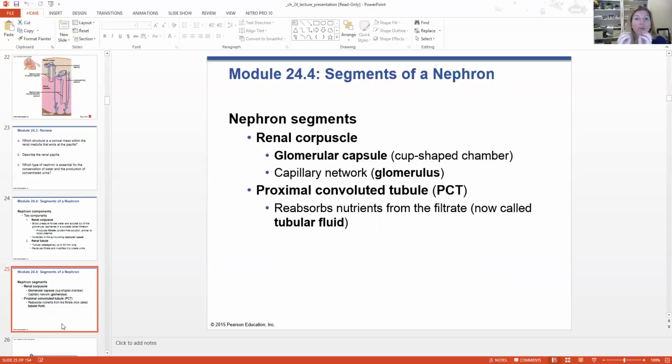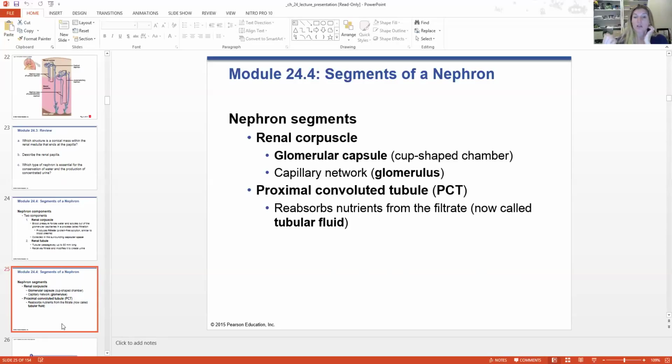The first section of the renal tubule is called the PCT, or proximal convoluted tubule. This PCT will then take back the majority of the stuff that was just kicked out.